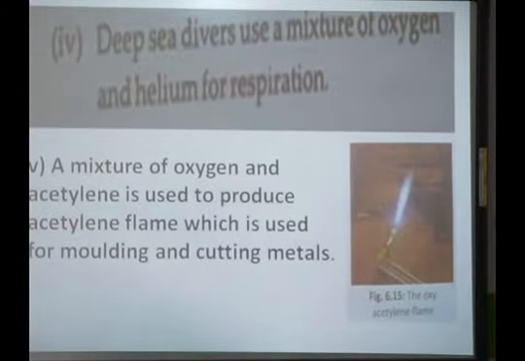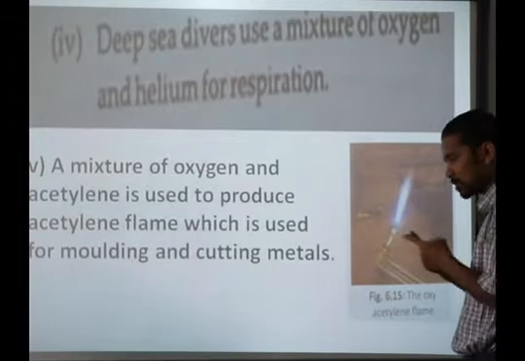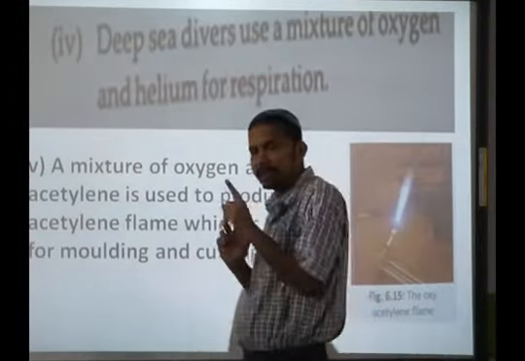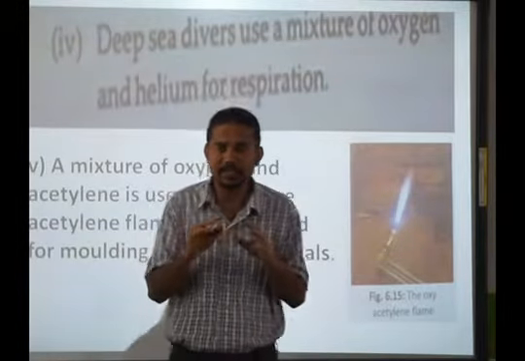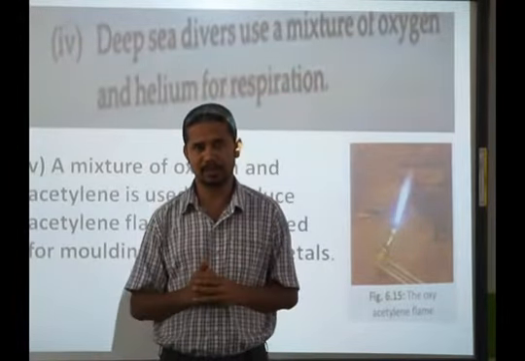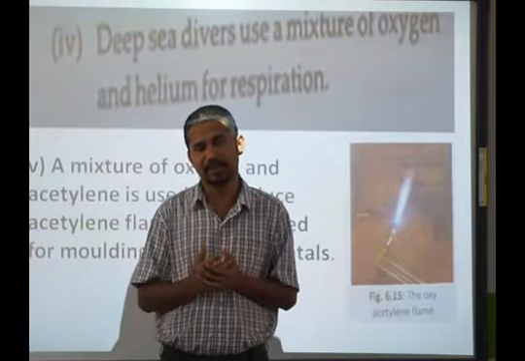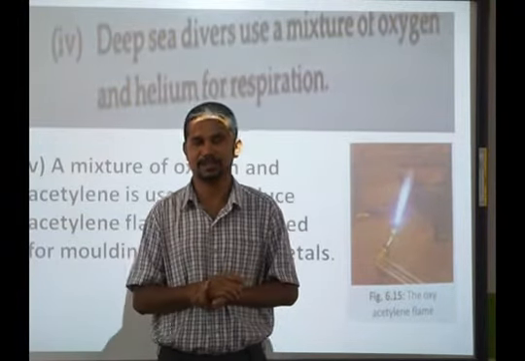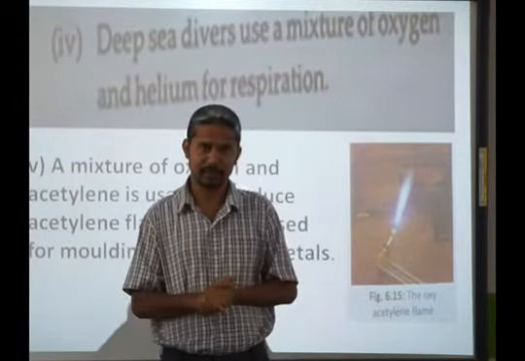One cylinder contains acetylene gas and one cylinder contains oxygen. The oxygen helps in burning of the acetylene, which gives a very high temperature, and it can cut metals and mold metals.